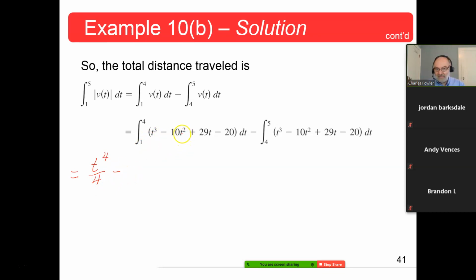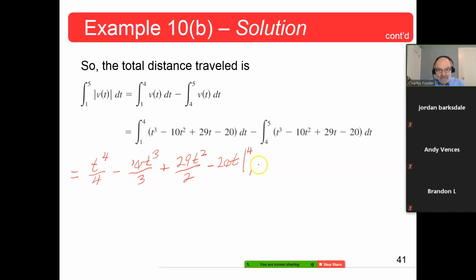Minus 10 t cubed over 3, plus 29 t squared over 2, minus 20t. That's evaluated from 1 to 4.